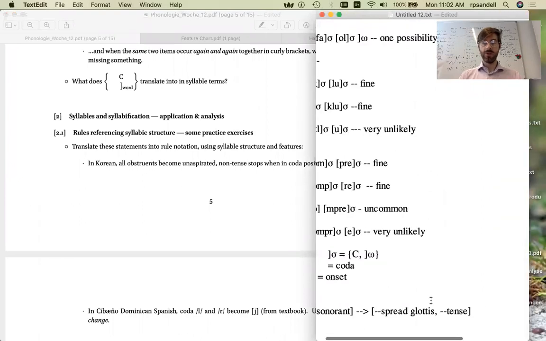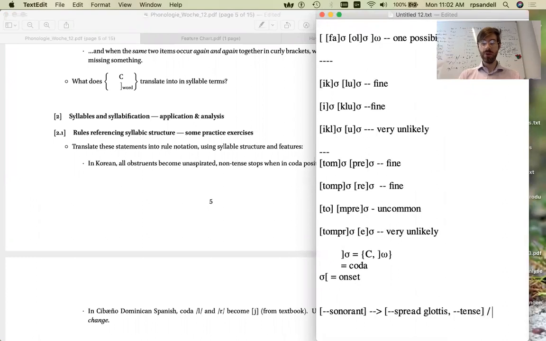And this occurs when a segment is in the coda of a syllable. And we've just said we can use the following notation here to mark the end of a syllable. So if this segment occurs here at the right boundary of a syllable, then it will undergo this change.